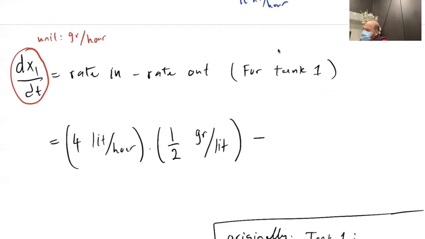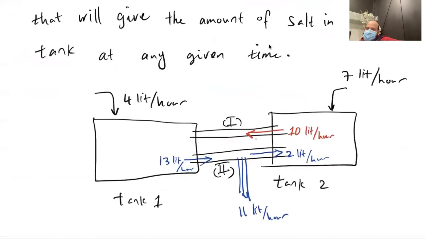All right, now let's go back to our ODE that we were trying to set up. We said dx1/dt is rate in minus rate out. So this one is rate in. Now we have rate out. Let's look at the system. 13 liters per hour goes out from tank 1.